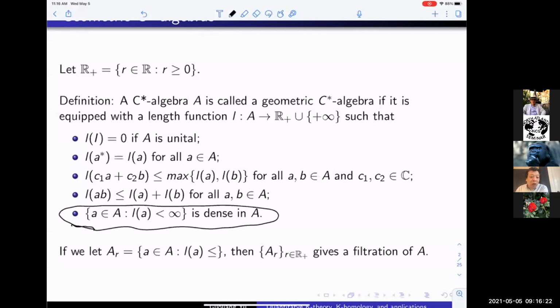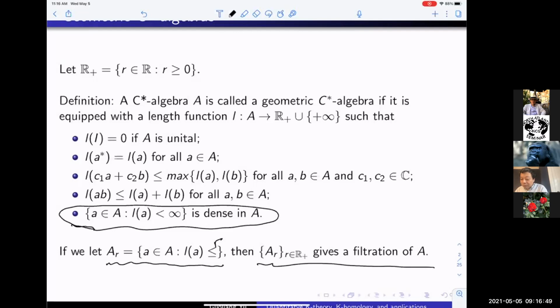Now, alternatively, if we consider the subset of elements whose length is less than or equal to R, this gives us a so-called filtration of the C*-algebra. So these two concepts, length function and filtration, are actually equivalent to each other.